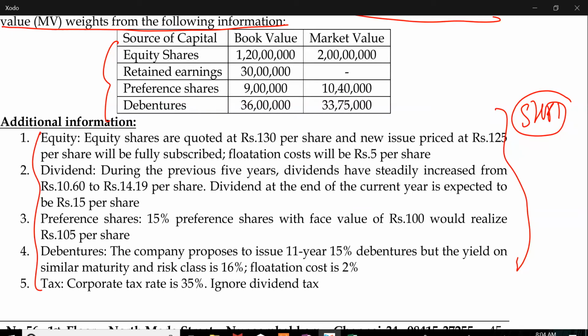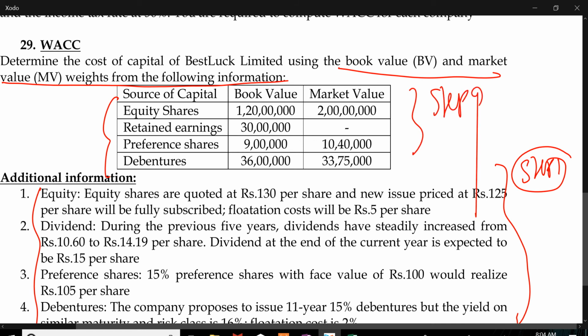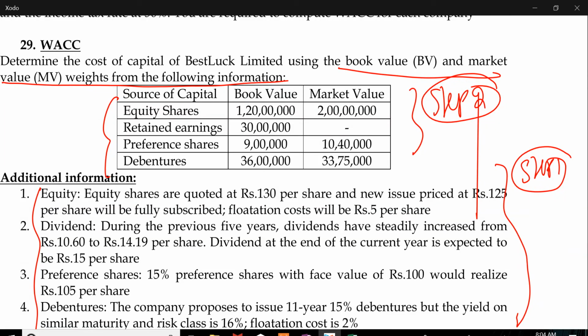Last problem, no additional data, so I told you, take the balance sheet data and move on. Now, this additional information will be for step 1. This is going to be for step 2. In step 2, you will copy paste this number. That additional data will help me in getting the step 1 information. I have 4 forms of capital. So first I'll do KE, then KR, KP, KD. We are done with the problem; put it in the format and done with the solution.